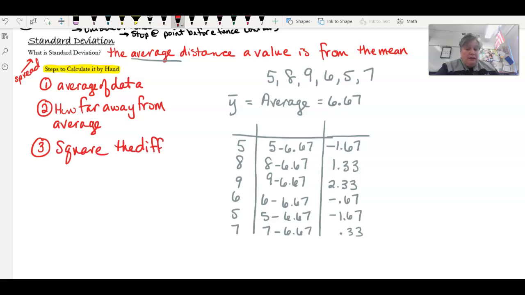By squaring it, it takes care of making it a positive number, and it still deals with the distance. So squaring it will allow us to find the average distance. For each of these, I'm going to square. And you have to make sure that you actually square the negative, because if you don't, then it's just going to turn it into a positive.